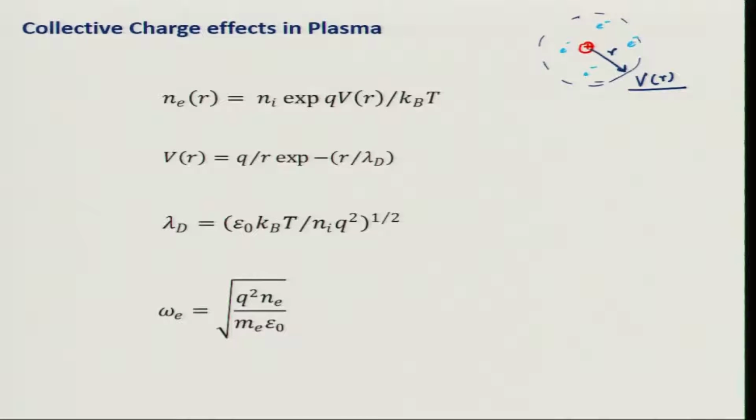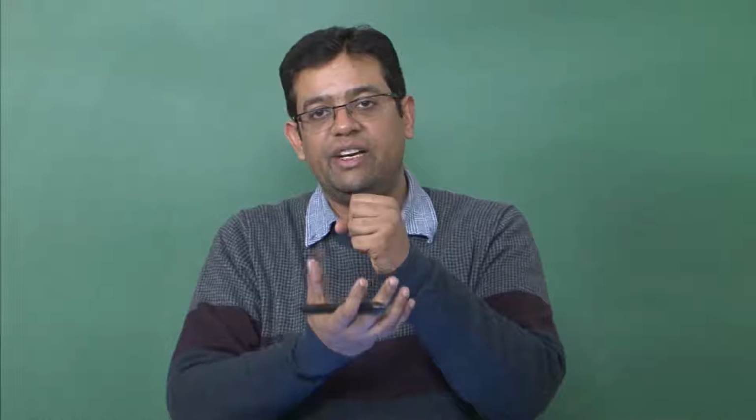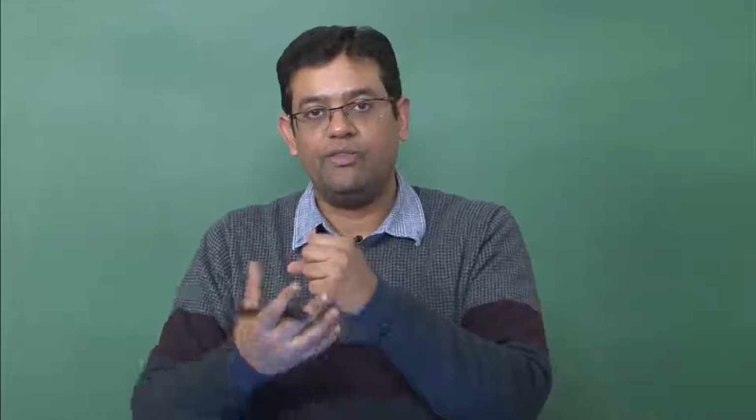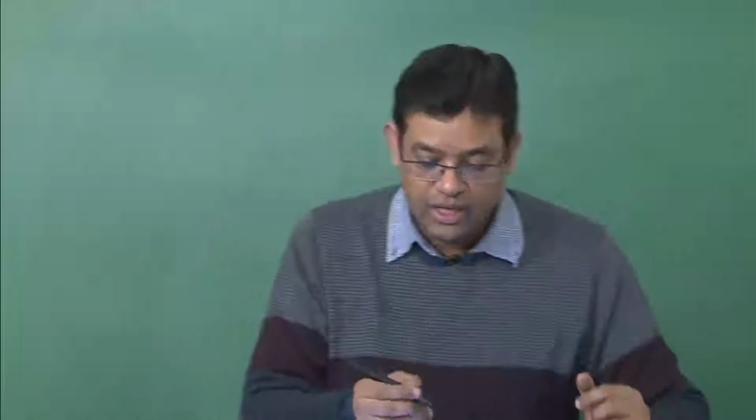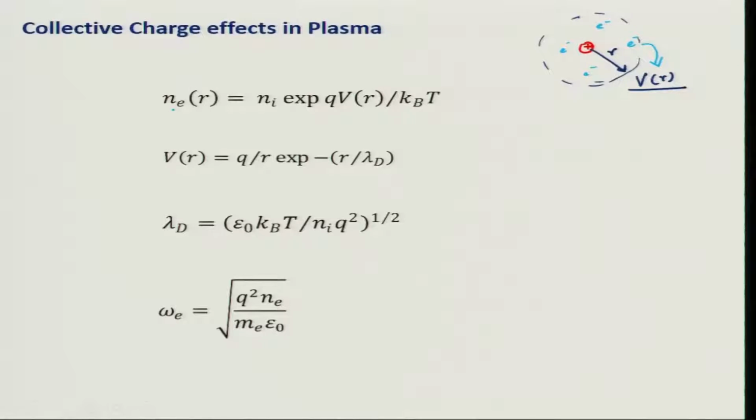Now, this will affect the potential field of the ion because now my positively charged ion is partially screened by a cloud of electrons. And this cloud of electrons will also have a radial distribution which is given by this expression, where n is the number density of ions, and this will be the total number density of ions.